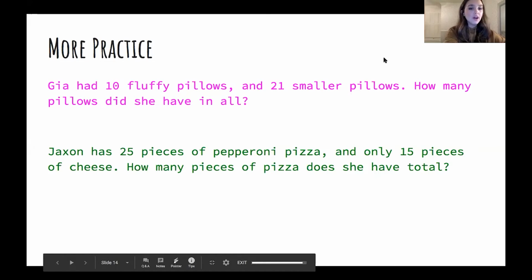If you want to read it out loud with me, that would be awesome. Okay. Gia had 10 fluffy pillows and 21 smaller pillows. How many pillows did she have in all? Okay, awesome. So we read she has 10 fluffy pillows and 21 smaller pillows.